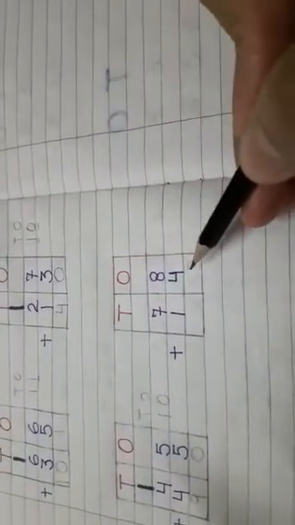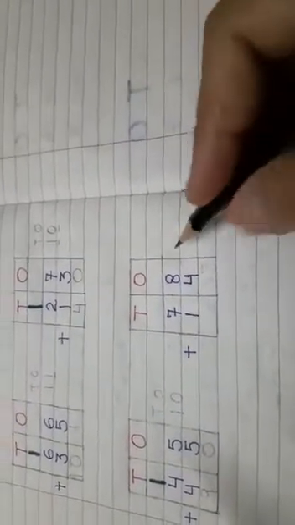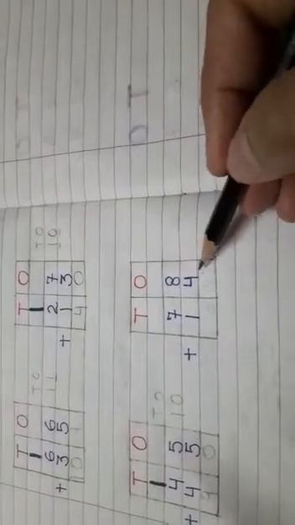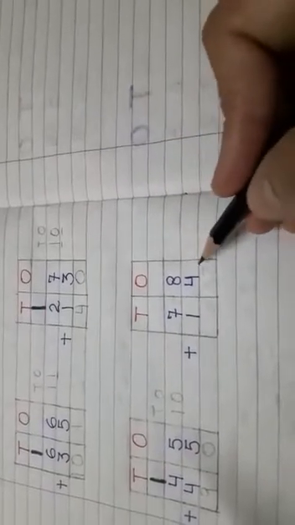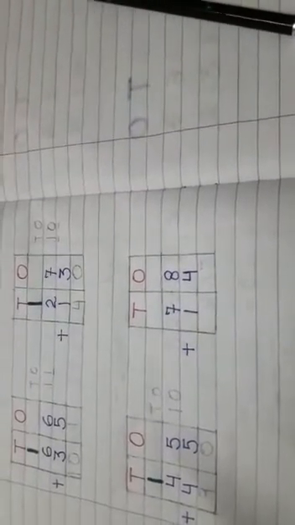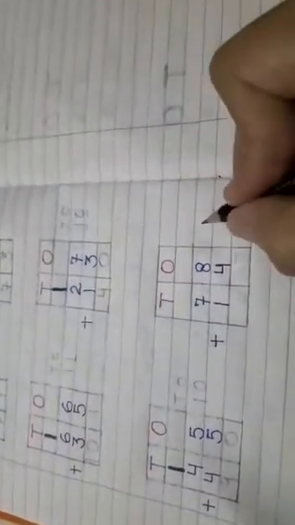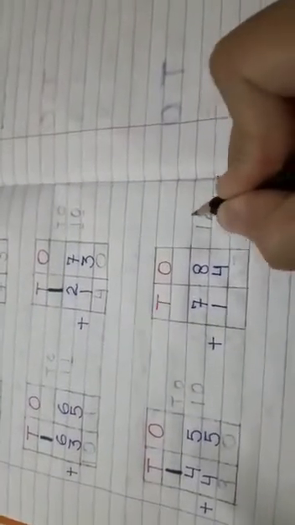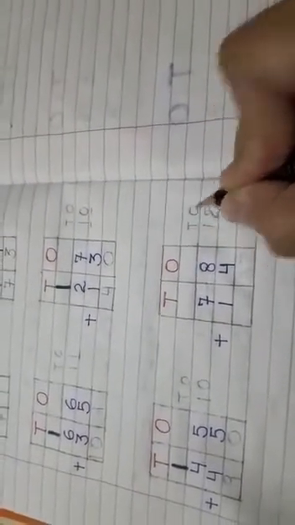Now the next one is 78 plus 14. We have to add the digits in the ones column. 8 plus 4. 8 is the biggest number, that is why I will keep 8 in my mind and 4 in my fingers. What comes after 8? 9, 10, 11, 12. How can we write 12? Like this. Yes, this is tens, this is ones.